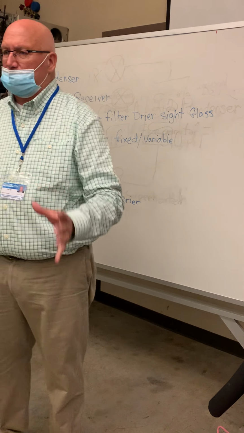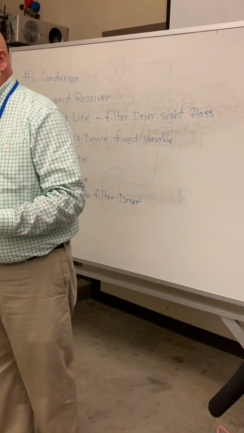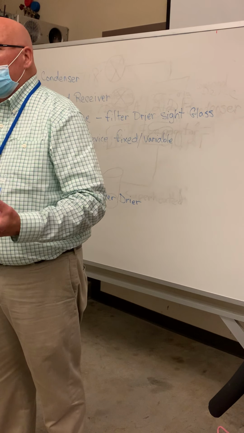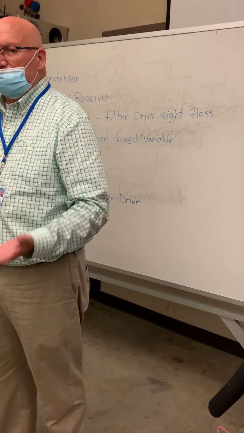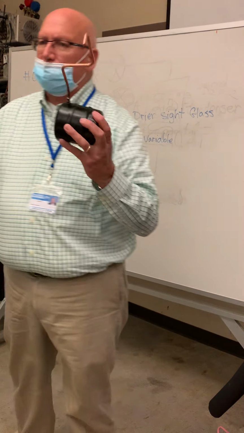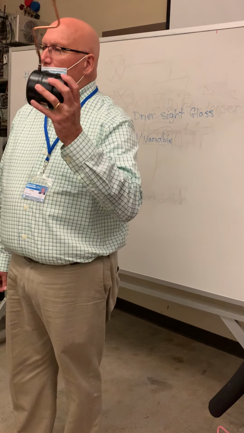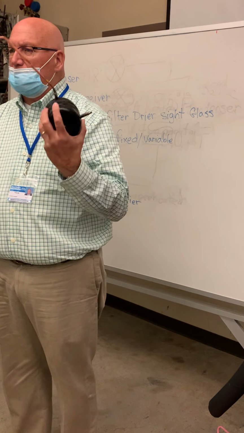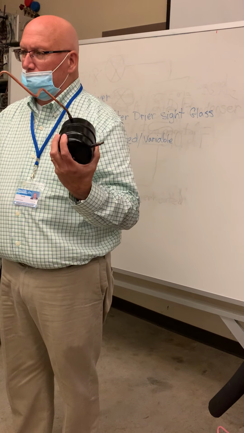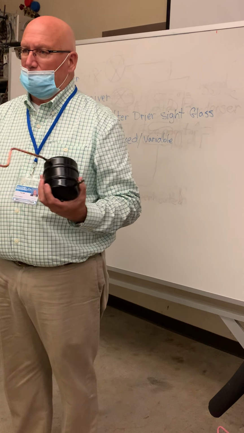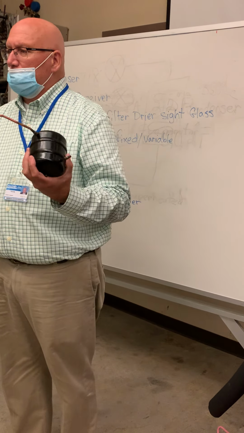Now some systems, residential split systems or commercial systems especially, have what's called a liquid receiver. I happen to have one. Here's a liquid receiver right here. It's a very complex piece of machinery. All it is is an empty can. It's a strong can, but it's an empty can. And what does it do?